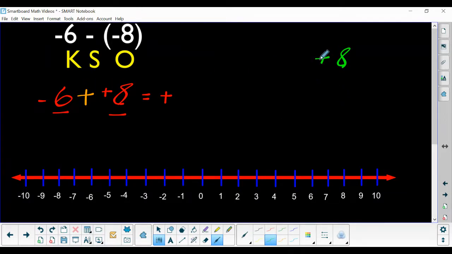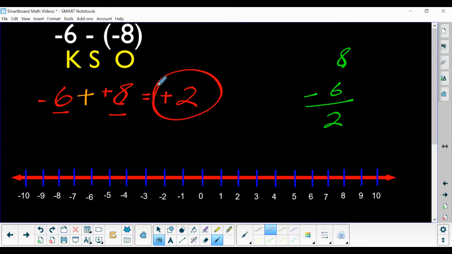Positive 8, they're the good guys, positive. Negative 6, they're the bad guys, negative. We subtract them. Since they're different, they don't get along, and the winner is going to be positive 2, the positives, since the positives outnumber the negatives. And there's my answer, positive 2.